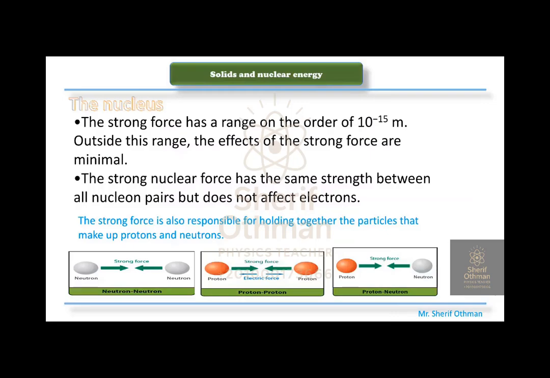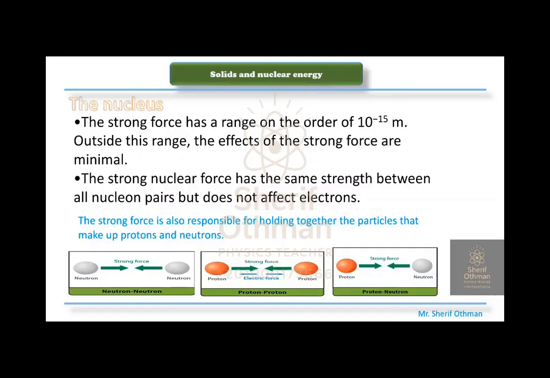A strong force has a range on the order of 10 to the power negative 15 meter. So this force appears only at very tiny distances. Outside this range, the effect of the strong force is minimal.